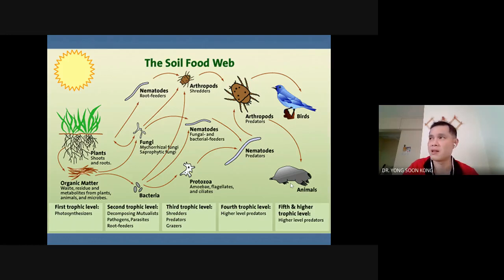You remember there's a triangle where humans are usually placed on top, the apex predator, and moving down to the bottom of the triangle, you have a lot of organisms, and usually those that sit at the bottom are the smallest ones and are herbivores. It almost looks like that, except that this is more of a flow chart that indicates their relationships, but they are actually the same. This one represents the food chain in the soil itself. Of course, humans don't live inside the soil, so you don't see them.